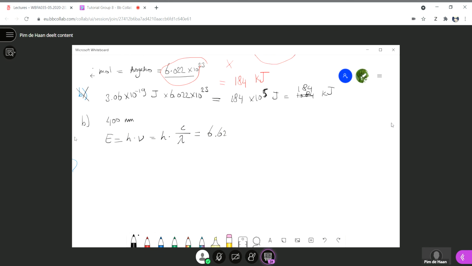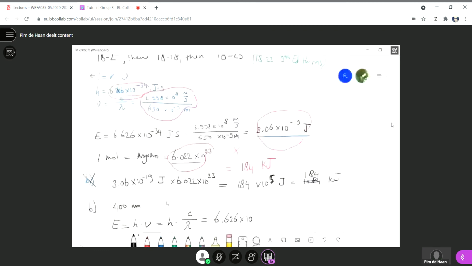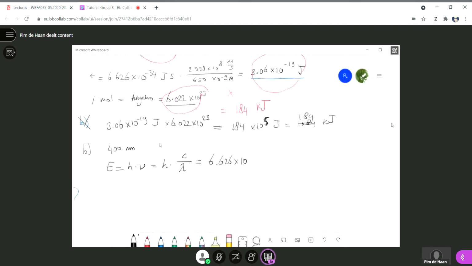That is 6.626 times 10 to the negative 34, times 2.998 times 10 to the 8th meters per second, divided by 400 nanometers.